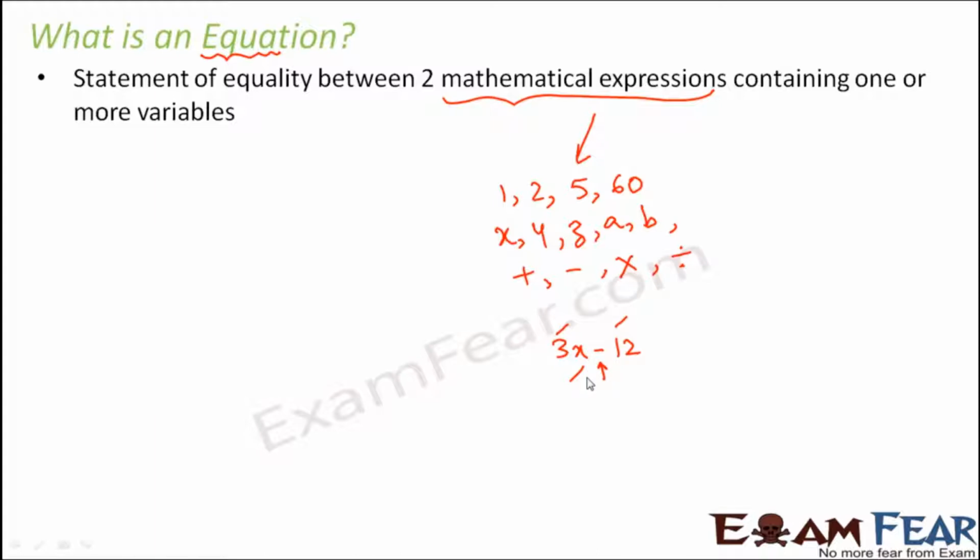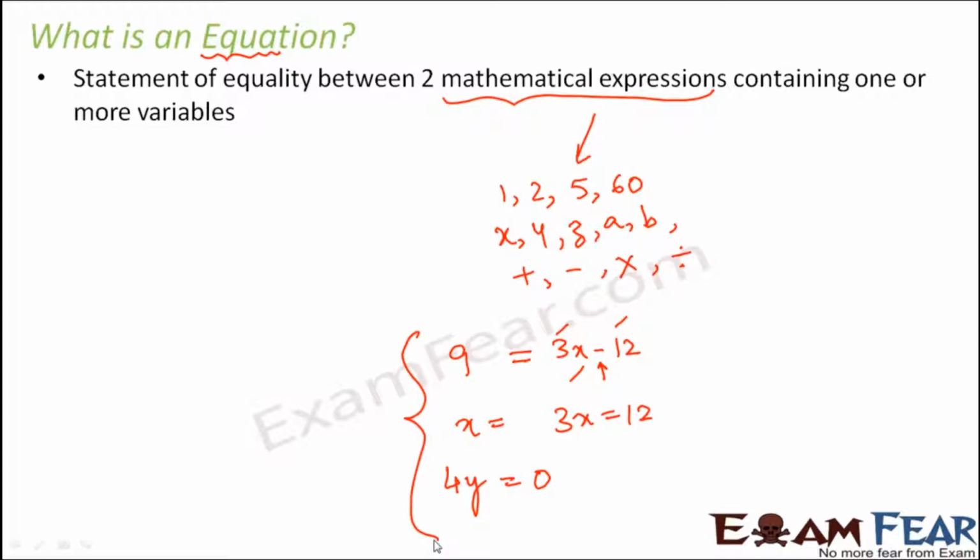Now when you have two such mathematical expressions with an equality sign in between, you put an equal sign and you have another mathematical expression. That other mathematical expression could also be only a constant, or only a variable, or something more. These are all examples of an equation.